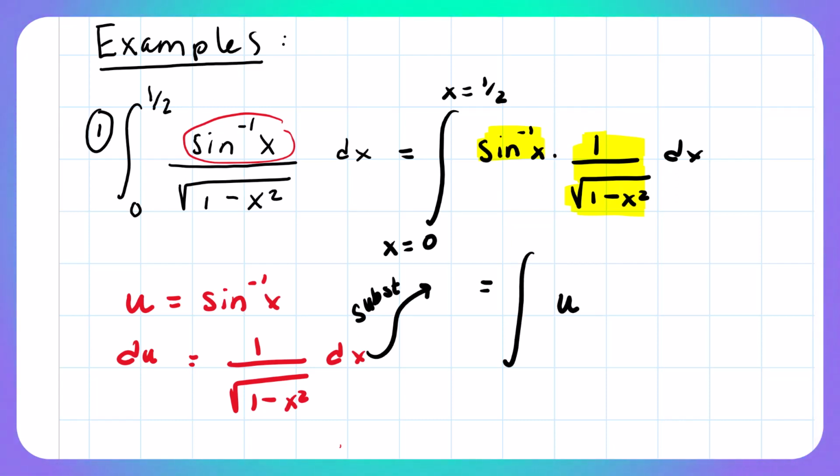Now this whole thing, notice right here, this whole thing is du. And this was u. So when I'm making these substitutions, I didn't even have to do any kind of manipulation. I can make the direct substitution. So this is u du, and now I can find the integral, because this is just u to the first. Now I can just apply the power rule.